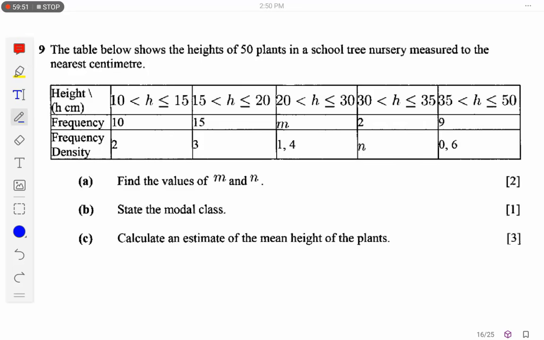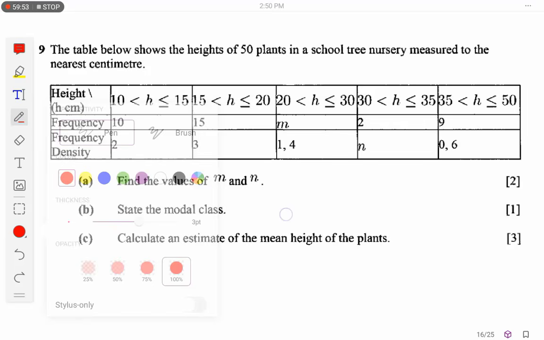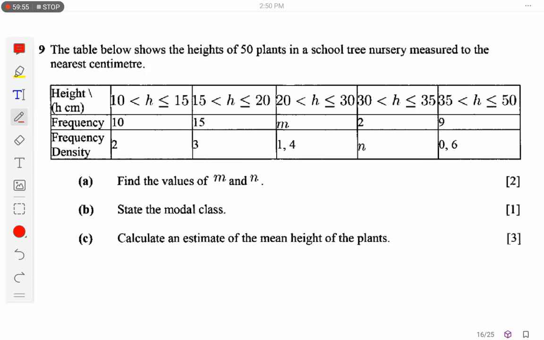So let's first calculate the class width. The class widths are 5, 5, 10, 5, and 15. Fine, that's good.